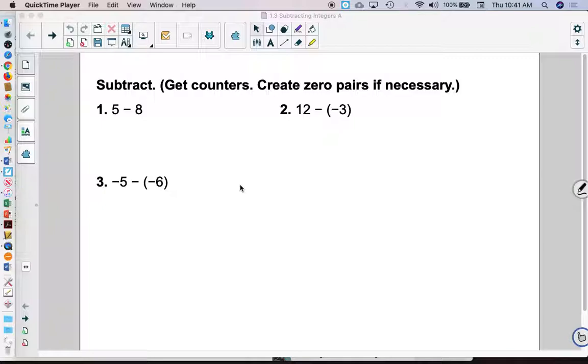Now, I'm going to create 0 pairs up here to model what we're doing. All right? So, you're going to do it with your counters, okay? Remember, the red counters are negative, black or yellow are positive.